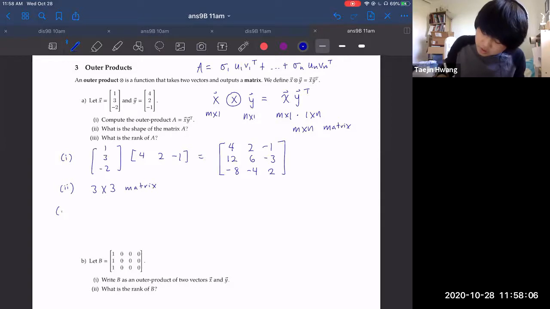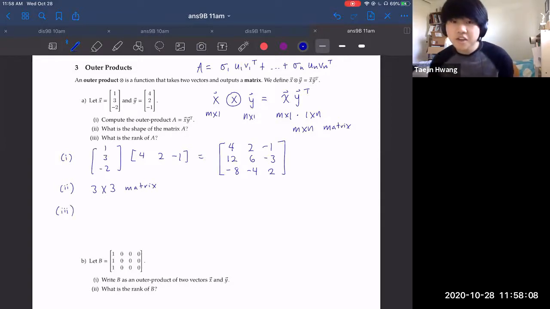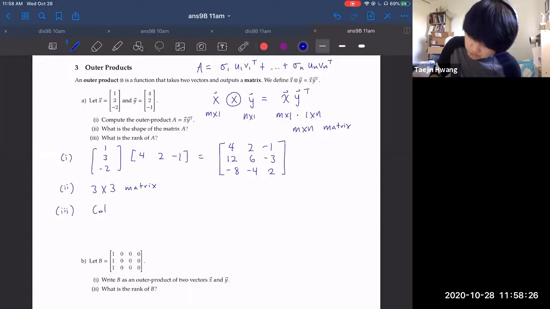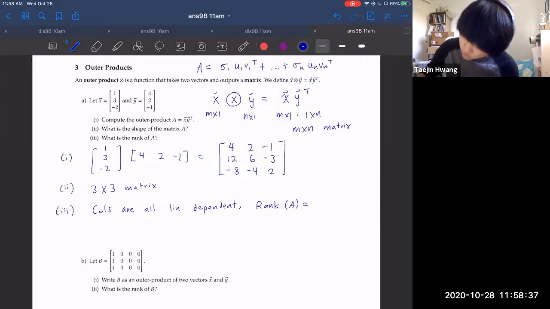The last thing to notice: what is the rank of A? We've taken this column, 1, 3, and minus 2, and just scaled it a bunch of times. So all of these columns are linearly dependent, meaning the rank of A is equal to 1.